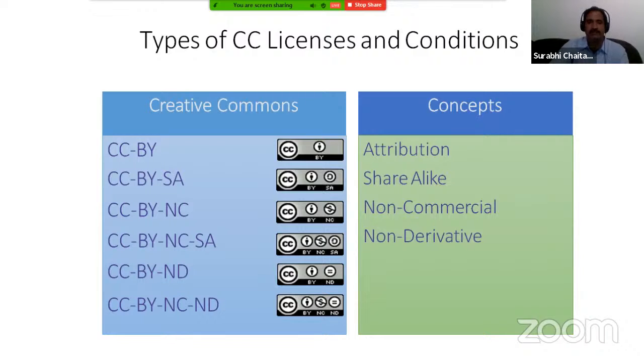Whatever may be our presentation, if it is in the form of PowerPoint, in the last slide we have to give attributions. We attribute this to so and so site, so and so organization, so and so author for using his data. That means we are safer. They cannot claim copyrights and their attributions are respected.